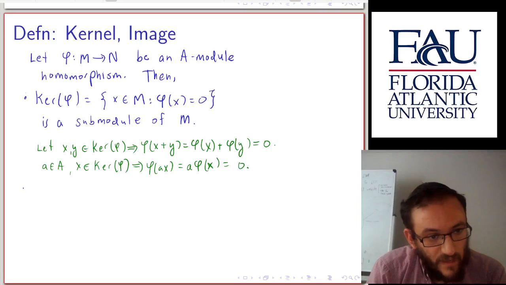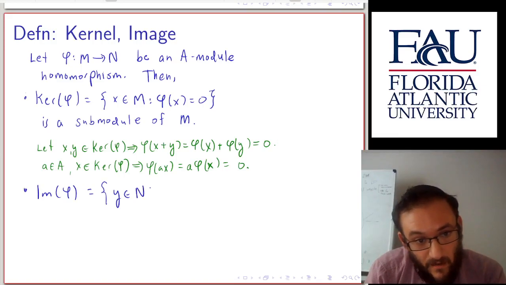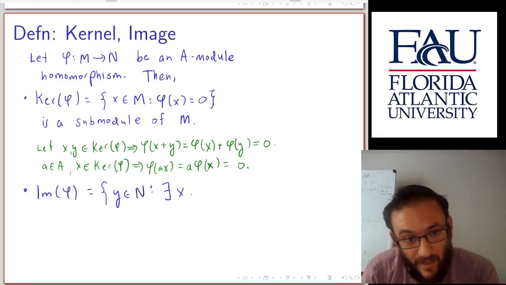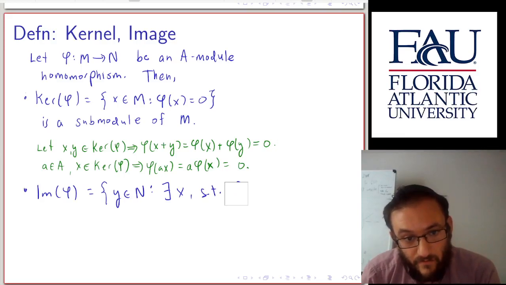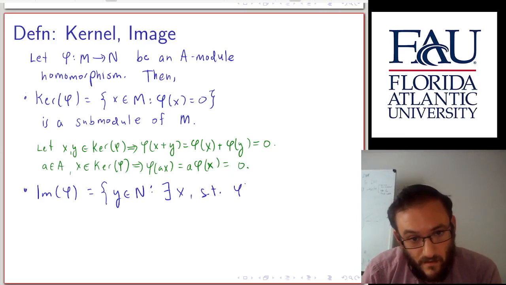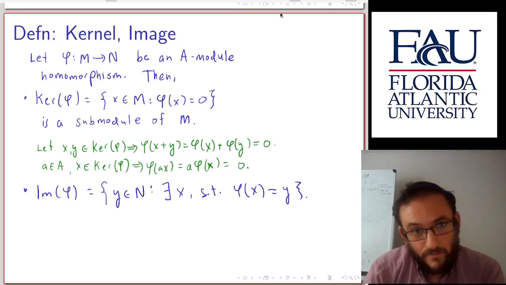Okay, and let's make a bit of room for the next definition. So we're going to define the image of phi, as we generally do, to be the set of elements y in N for which there exists some x such that phi of x is equal to y. And this is also a submodule.